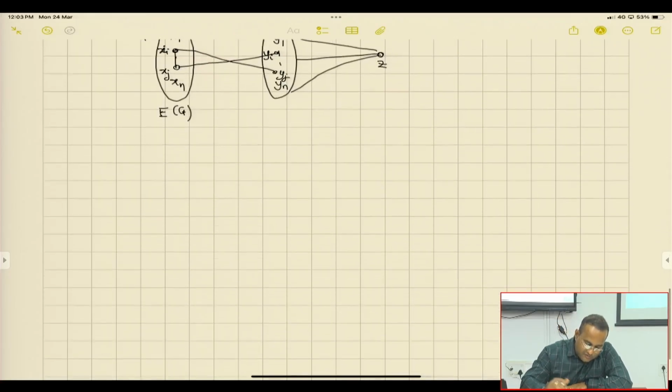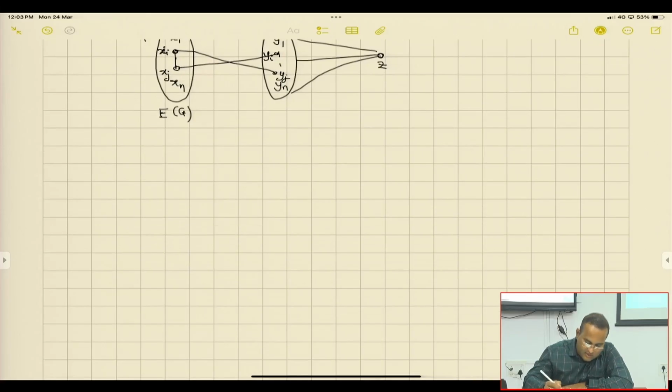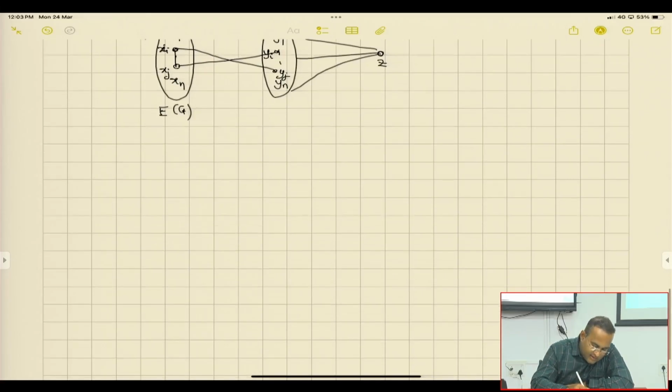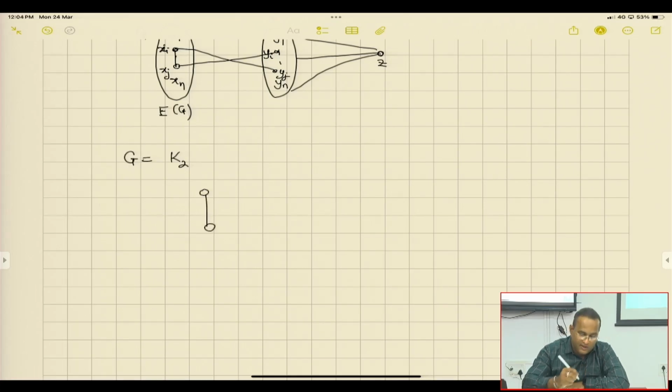So let us try to draw. Let my graph be K2. Then how will it look like? This will be the edge. Then we are having two new vertices corresponding to these two, right?